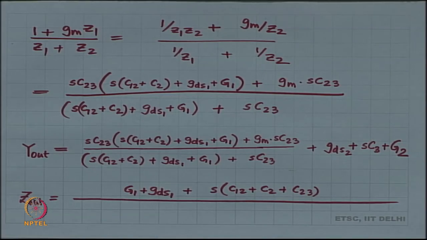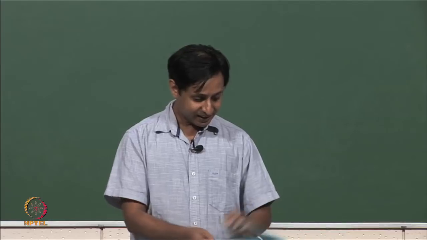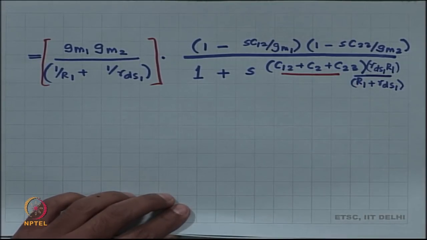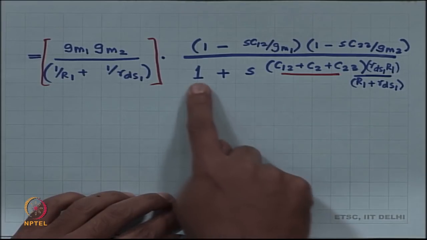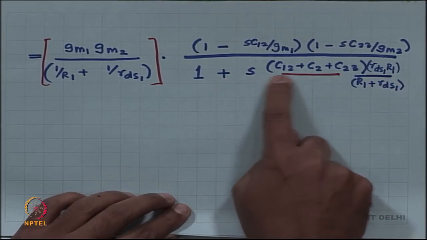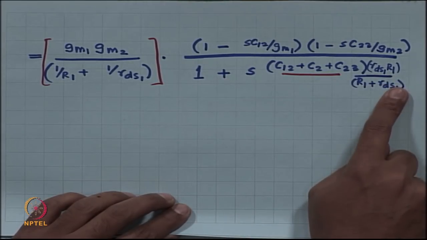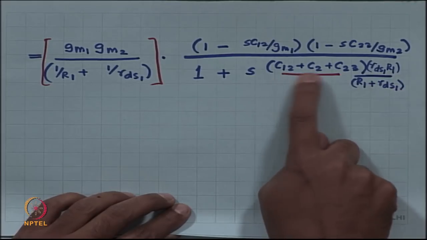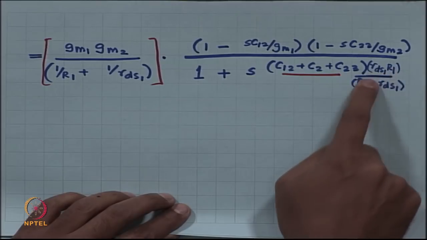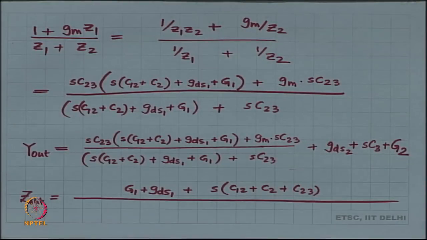Any comments? No comments? There should be a comment. This and the pole of the short circuit current are the same. Okay, the short circuit current had a pole 1 plus S blah blah, right, C12 plus C2 plus C23 times the parallel combination of RDS1 and R1.